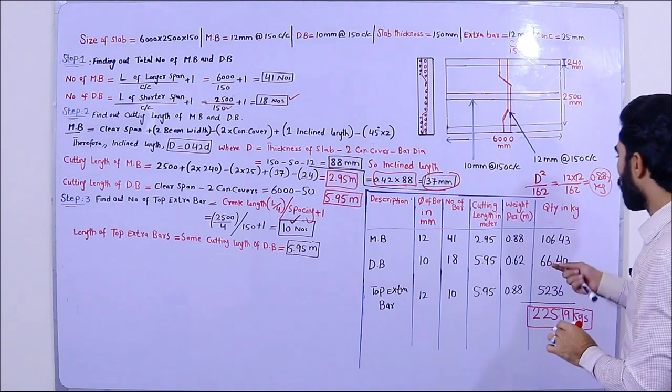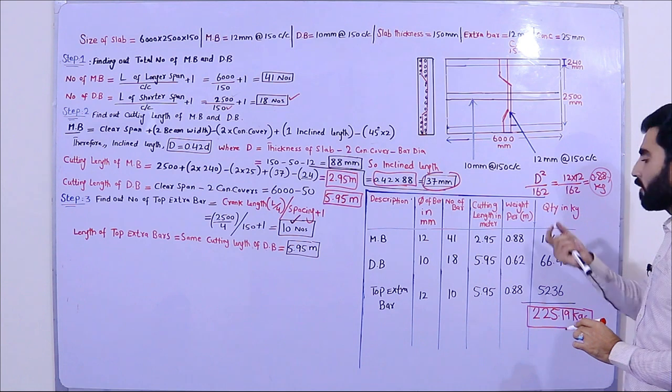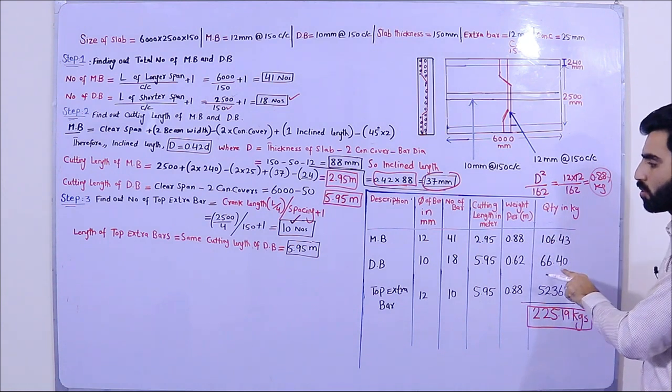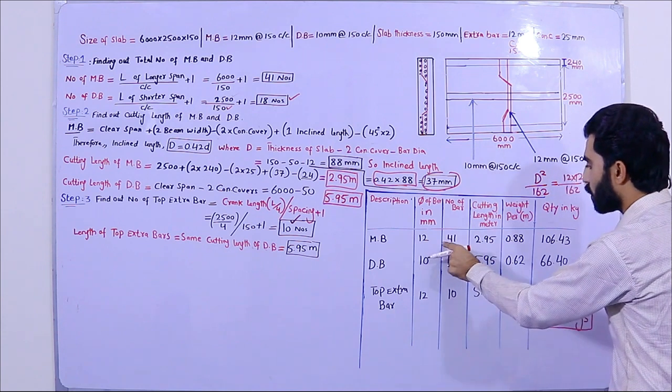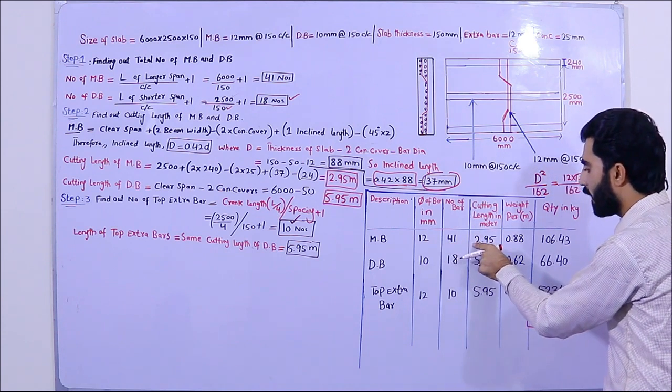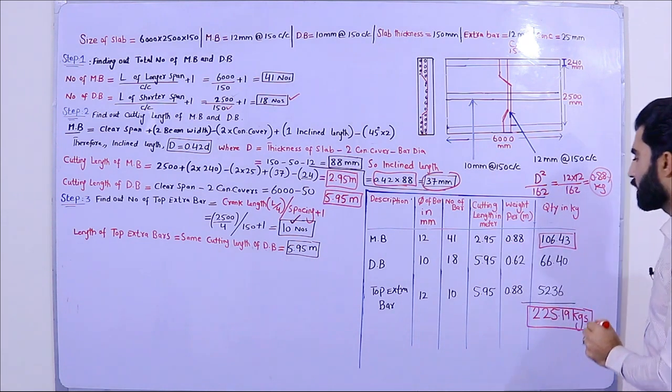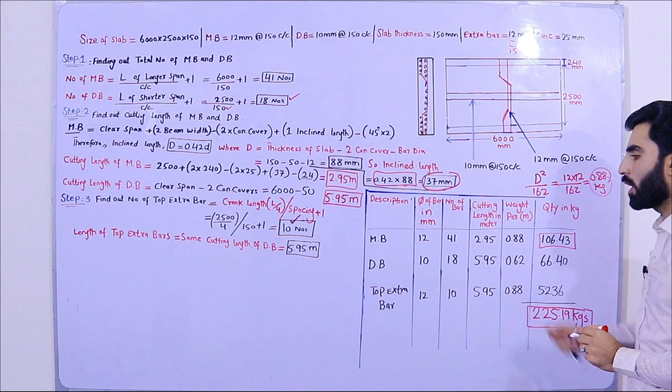Okay, so therefore the total weight of main bars is 106.43 kgs. Okay, because 41 multiply 2.95 multiply 0.88, you will get the value 106.43 kg steel required for main bars.